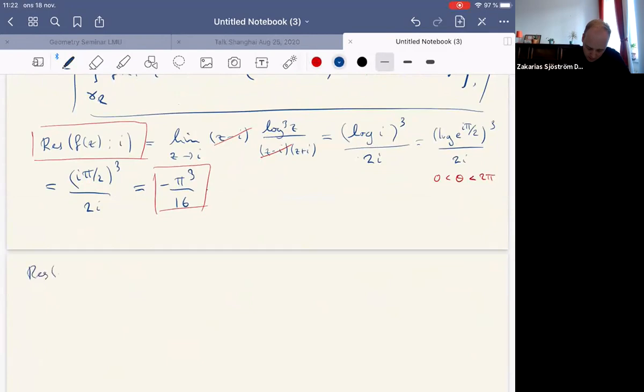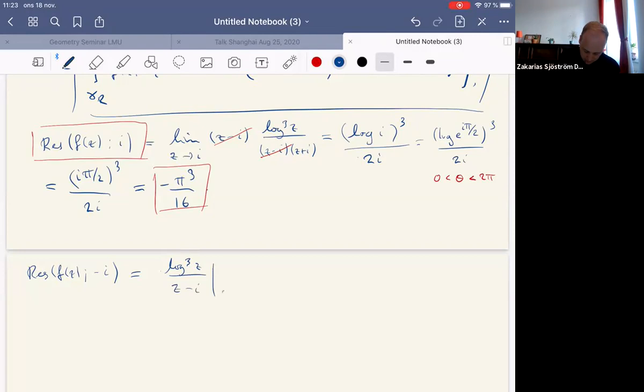In the same way, we can compute the residue of f in minus i. I will still do this because I think it is illustrative. Just doing the same thing as above, but instead of canceling out z minus i, we cancel out the z plus i part.